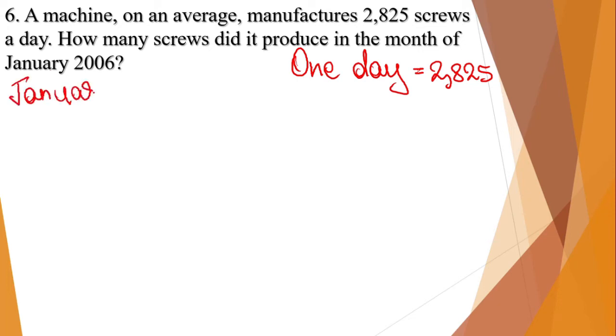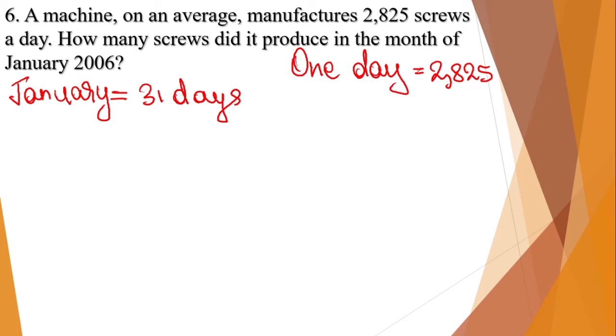So in January, how many days do we have? In January, we have 31 days, right? So now we convert it into days. So we can say that in 1 day, it manufactures 2,825 screws. Then how many screws does it manufacture in 31 days?